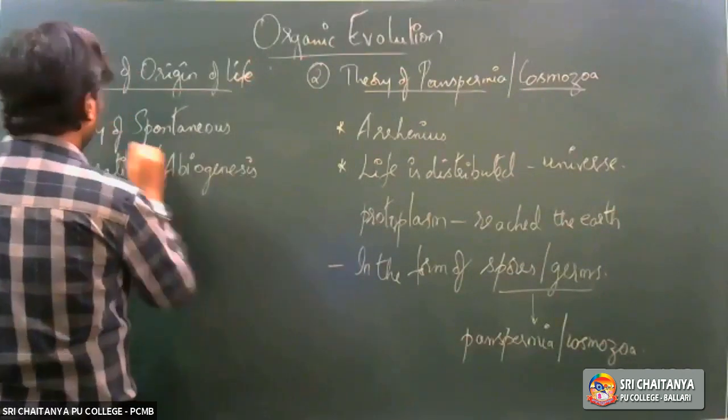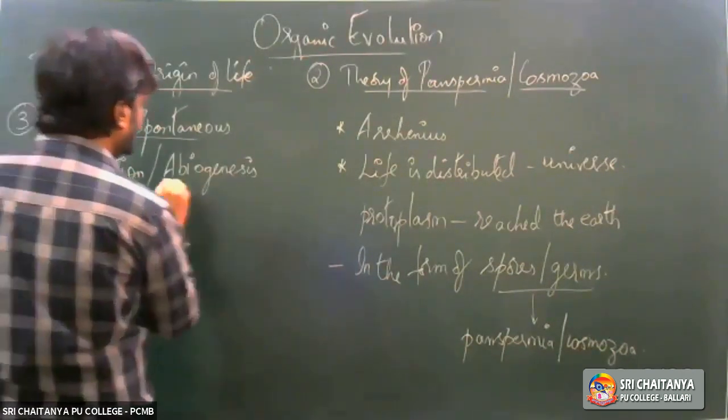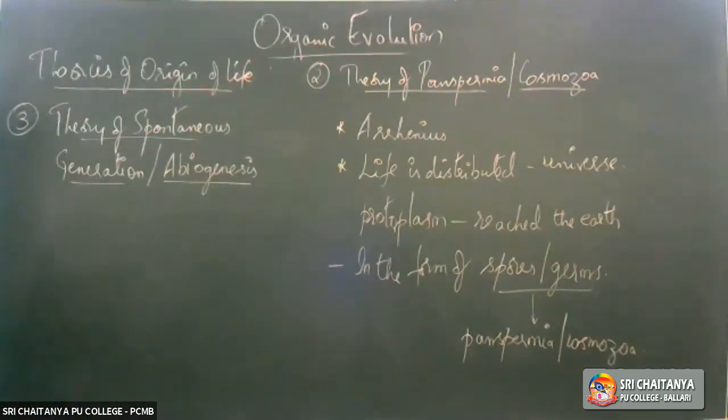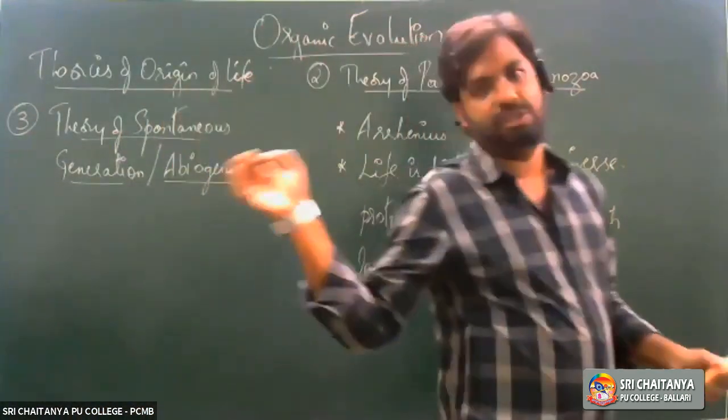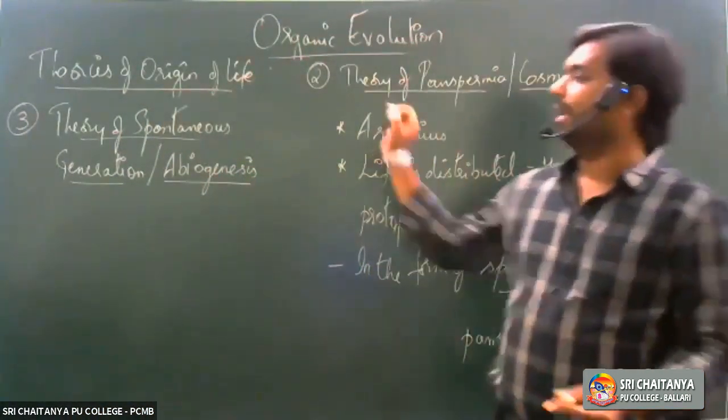This is the third theory we have, the theory of spontaneous generation or theory of abiogenesis.